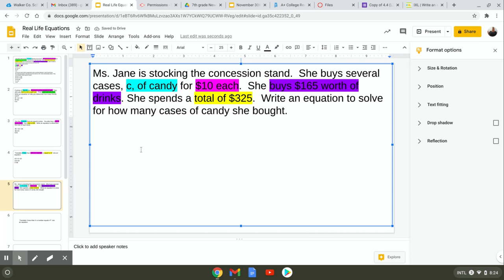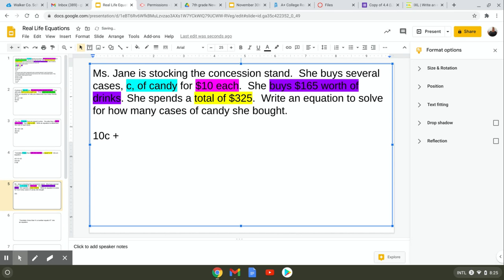Okay, so let's see. It says she buys several cases of candy, and C is going to represent candy, and they're $10 each. So we know that they're $10 each, but we don't know how many cases. So we're going to write that as 10C. Then she buys $165 worth of drinks.